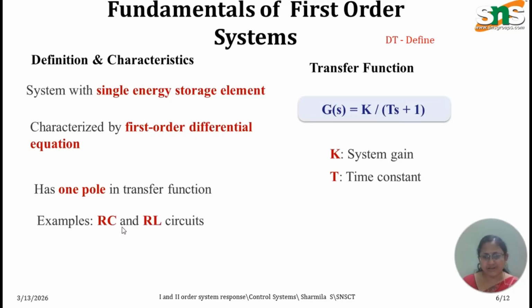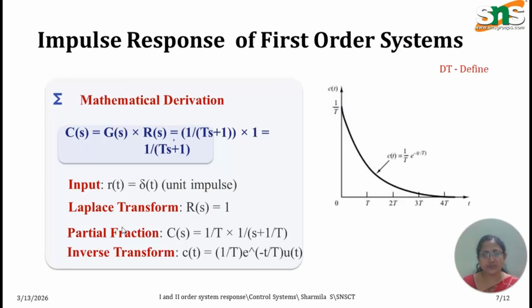It is characterized by a first order differential equation and it has only one pole in its transfer function. For examples, RC and RL circuits. The transfer function is defined as G(s) = K/(Ts+1). In this, K represents the system gain and T represents the time constant.